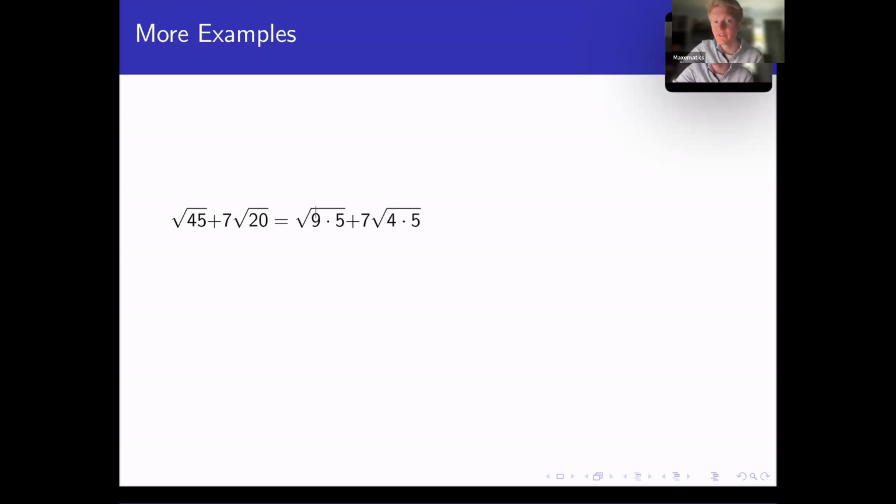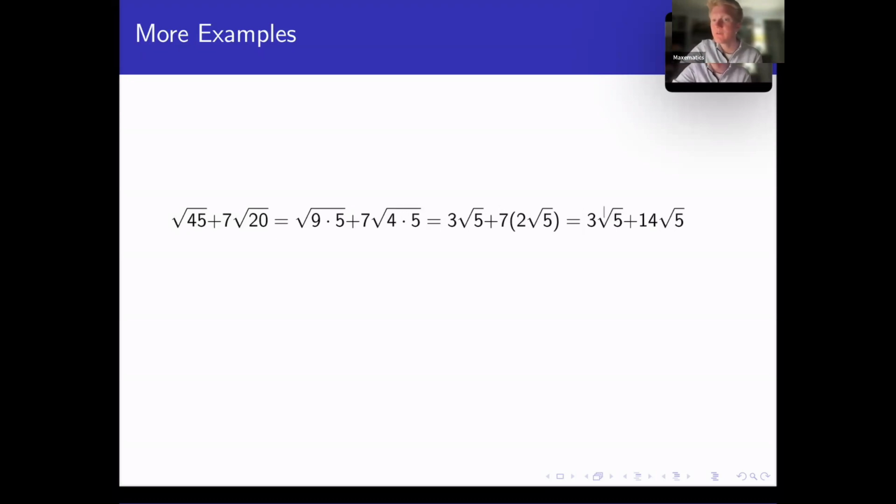Square root of 9 is 3, so 3 times the square root of 5. Square root of 4 is 2, so 7 times 2 square root of 5. Well, 7 times 2 square root of 5 is 14 square root of 5.